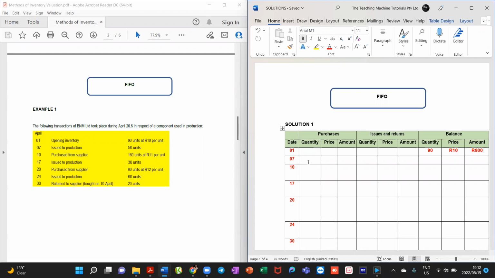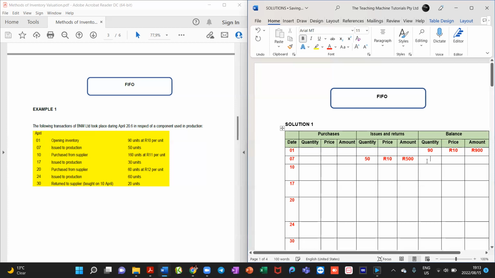They want to make fried chicken. And in your stock room, you have 90 chickens. So they call and request 50 chickens, 50 units. We're going to say, okay, fine, we can give you 50 units, and the price is the same because we bought these chickens for 10 rand. How much is 50 times 10? I think it's 500.